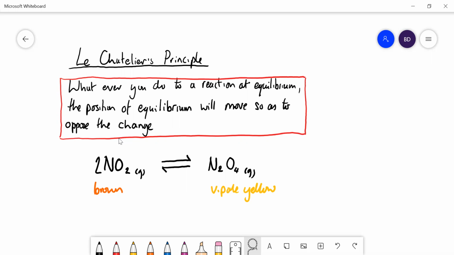Now, this reaction, it so happens in the forward direction, I think it is exothermic. And in the backward direction, it must be that it's endothermic.